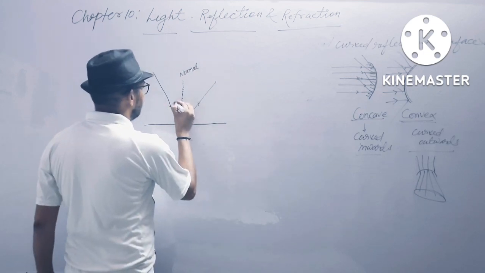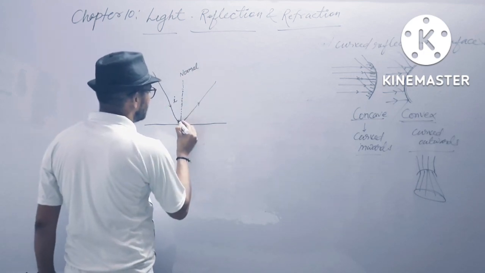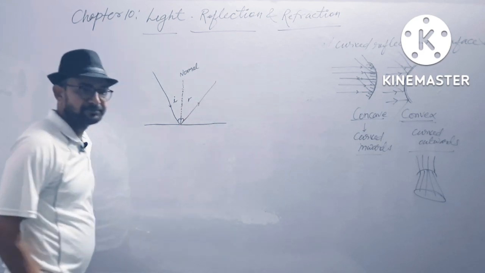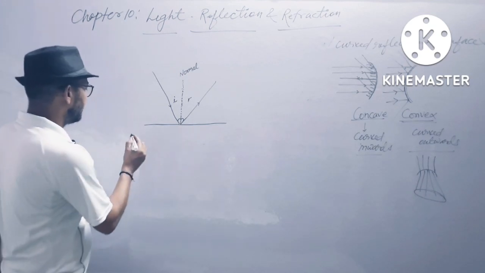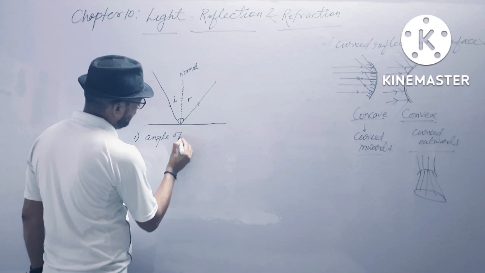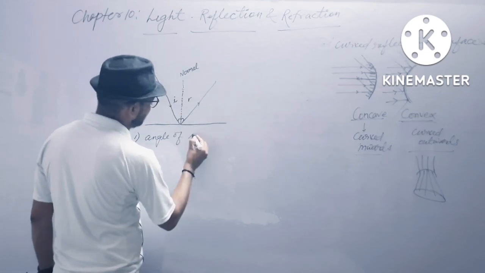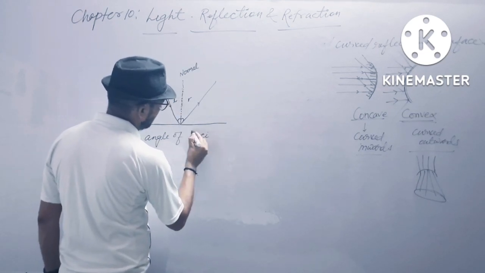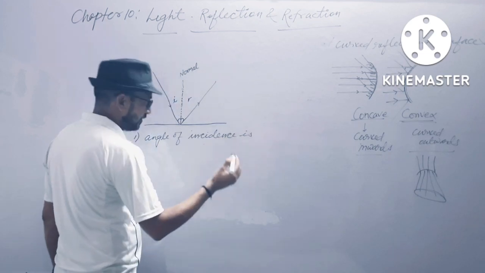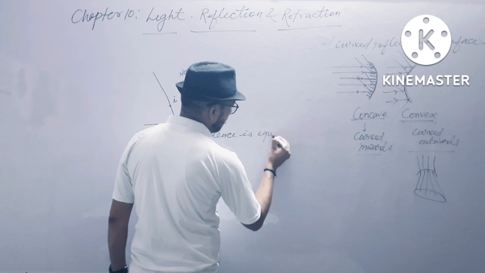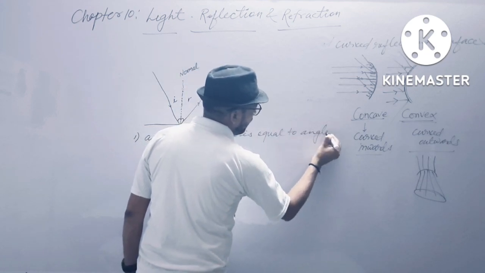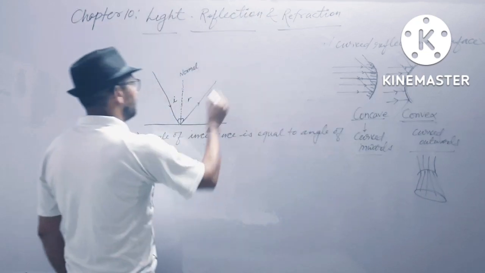This is the angle of incidence and this is the angle of reflection. The very first rule is that the angle of incidence is equal to the angle of reflection.